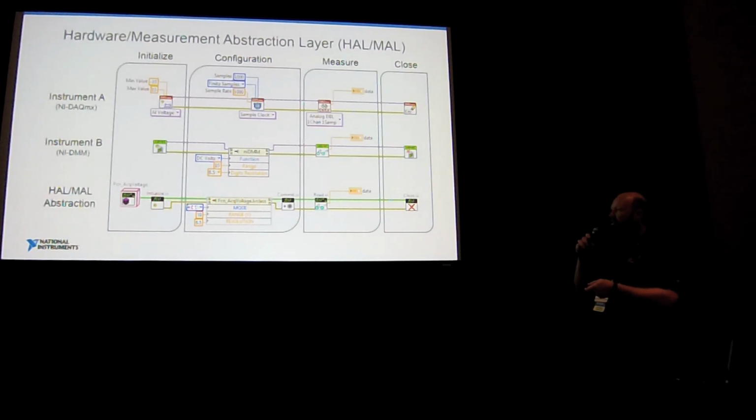You would have some generic settings that would be unique to acquire voltage, not to a DMM or a DAQ device. And then I'll point out the commit. Ryan's going to talk about our commit in more detail, but the commit is the crux of our infrastructure, and it's a very important piece. And then you're going to read your data and then obviously close.